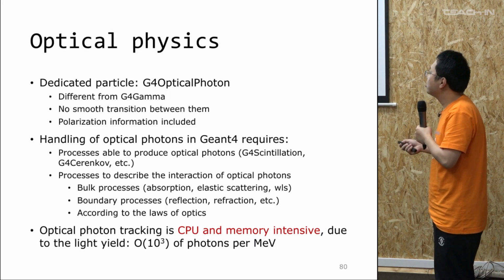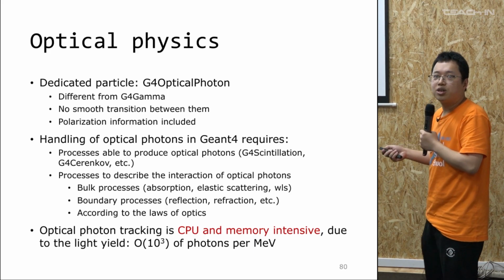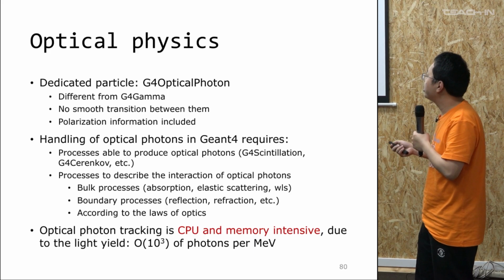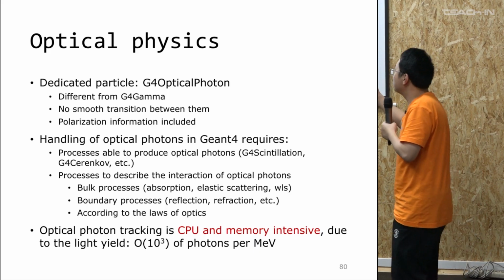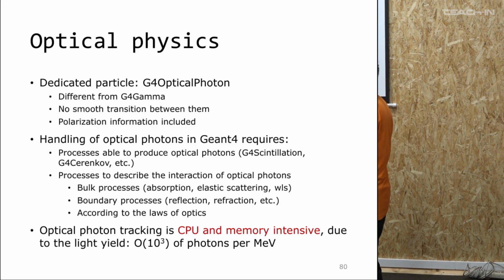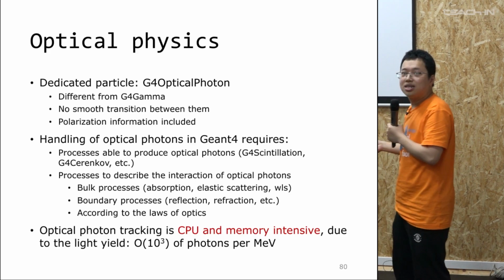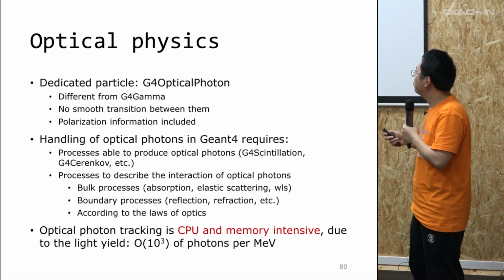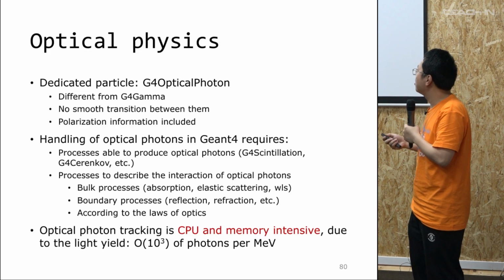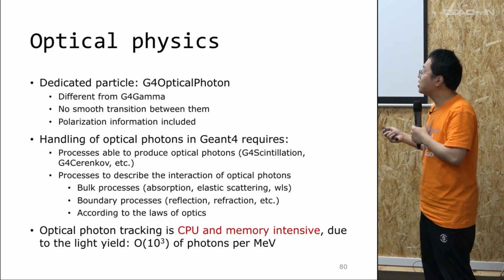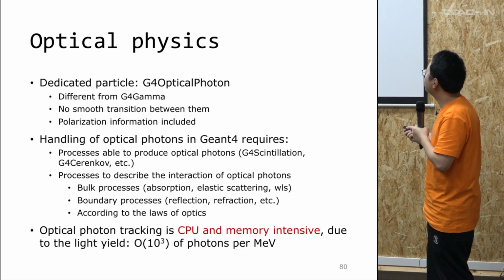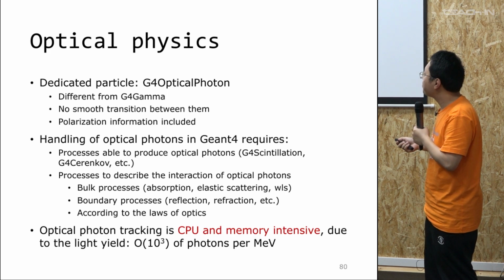To handle optical photons in Geant4, we need to meet the following requirements. First, we need some processes to produce the optical photons, for example the scintillation process and the Cherenkov process.